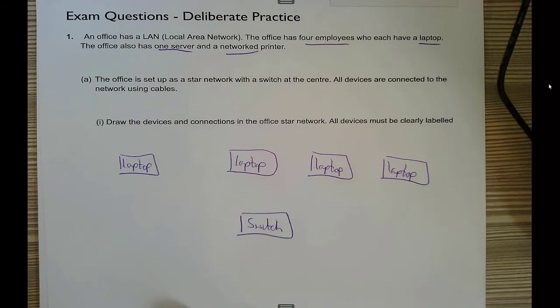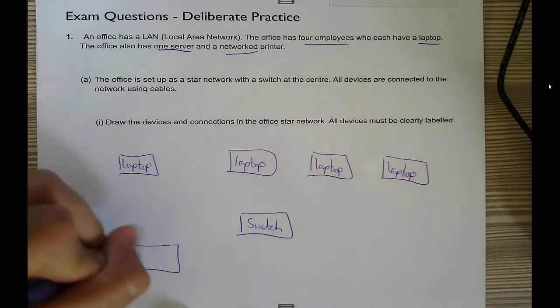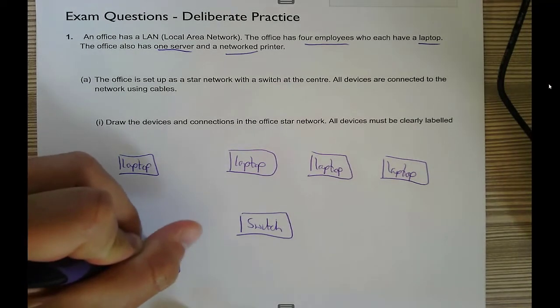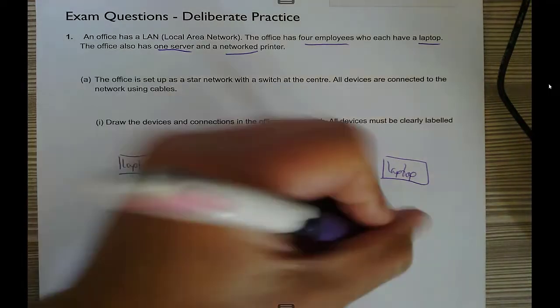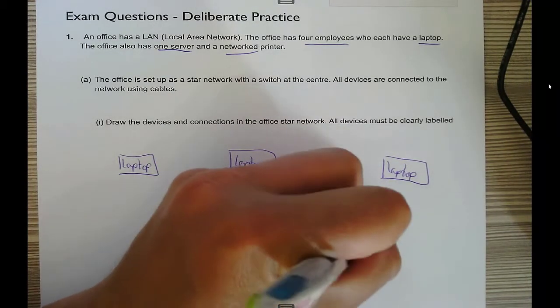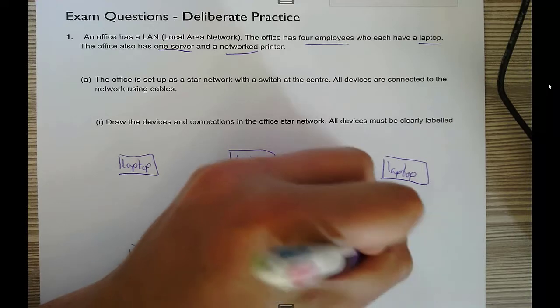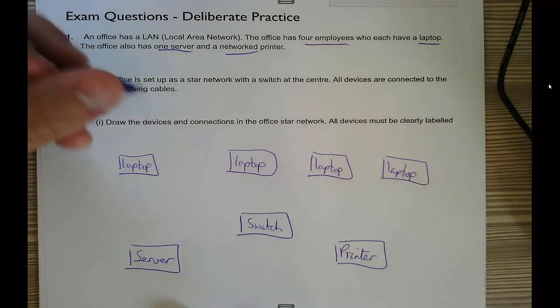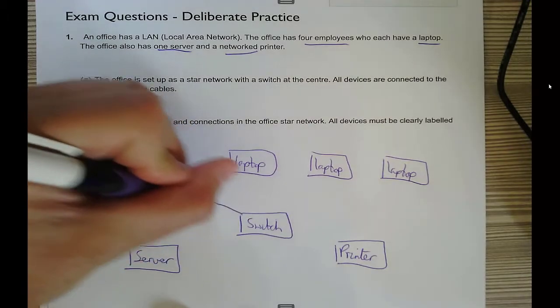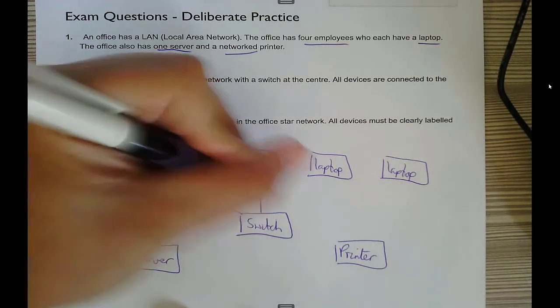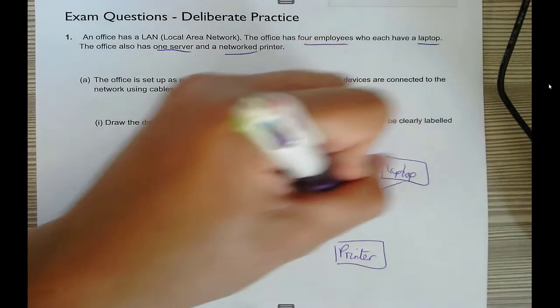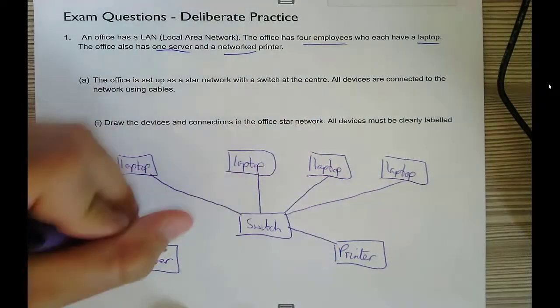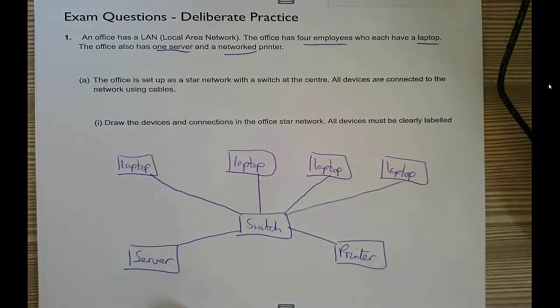And then we've got 1 server, so I'm going to draw a server. And it says a network printer, so I'm going to draw a printer as well. Okay, notice I've just drawn boxes and labelled them, and that's absolutely fine. So with a star topology, remember, they all connect to that central switch. So all I'm now going to do is draw lines from the switch, or to the switch, from each device.